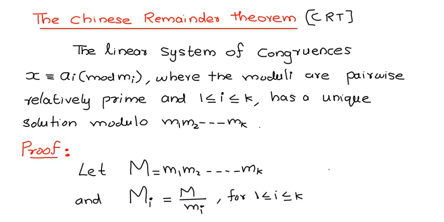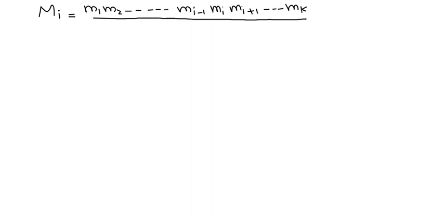That means capital Mi is equal to m1 m2 ... m(i-1) m(i+1) ... mk, whole divided by mi. We can cancel these two mi, so remaining m1, m2, etc., m(i-1), m(i+1), etc., mk.